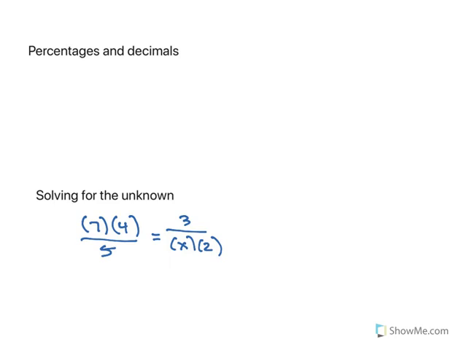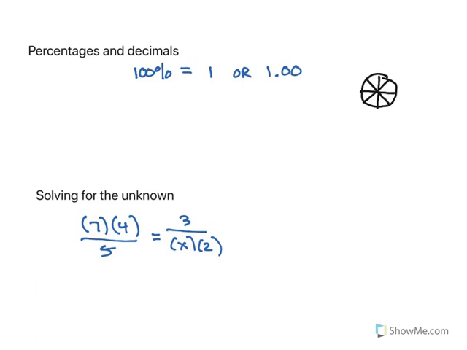Percentages and decimals. Hopefully you remember this from high school math, but 100% is equivalent to 1, or 1.00. Think about it this way. If you had a pizza and you had 100% of the pizza, you would have one whole pizza.